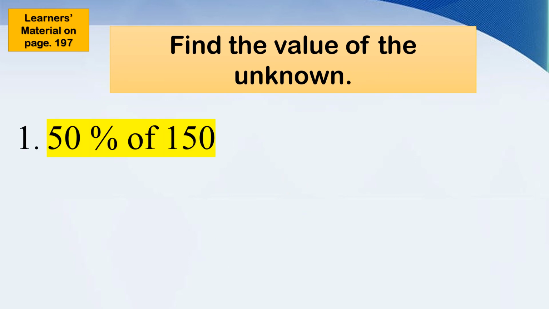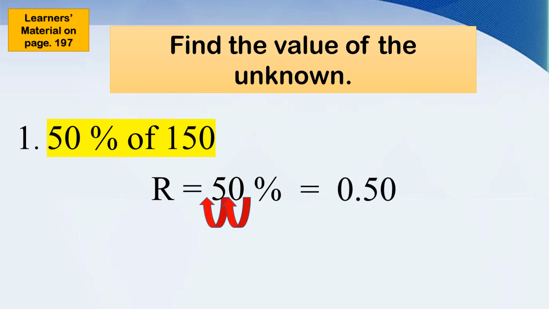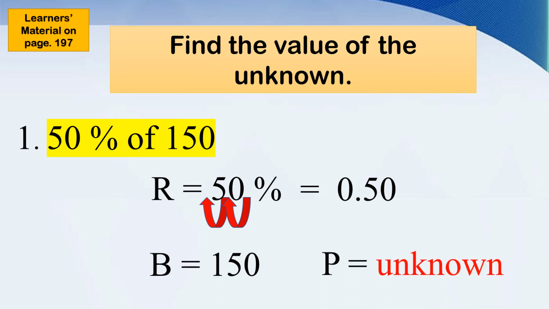Let us change the rate first to decimal before we apply the formula. Our rate is 50%. Move the percent sign 2 decimal places to the left. It will become 0.50. Our base is 150 and percentage is unknown.